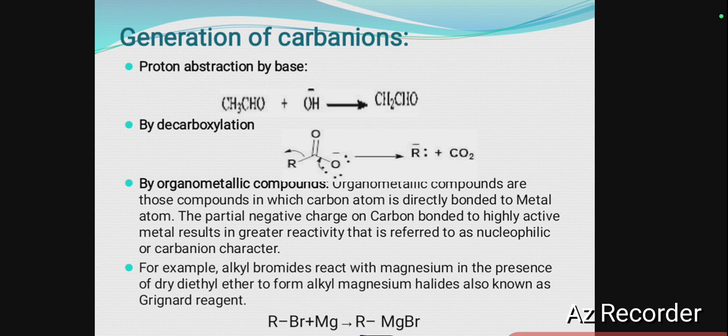Here the alkyl group is directly bonded to the metal. Hence the metal is highly reactive or active in nature, so it undergoes reaction and we will get the carbanions.